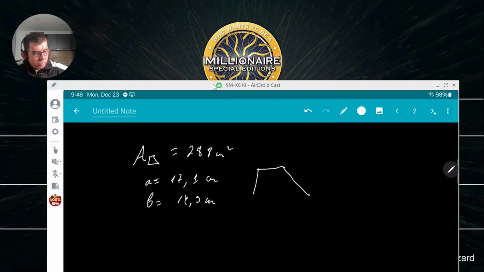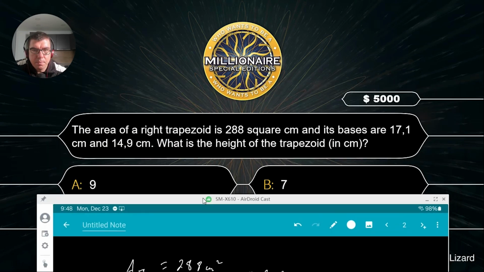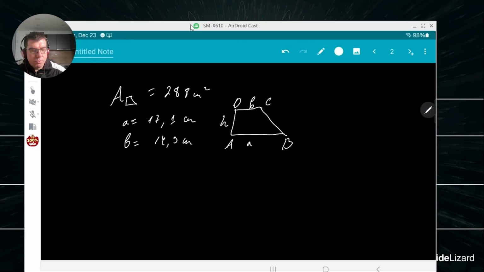This is how you draw a right trapezoid: A, B, C, D. This is A, this is B, and this is H. This is the height, okay? So if you remember, the area was the sum of the two bases divided by 2 multiplied by the height. A plus B over 2 times H, okay?